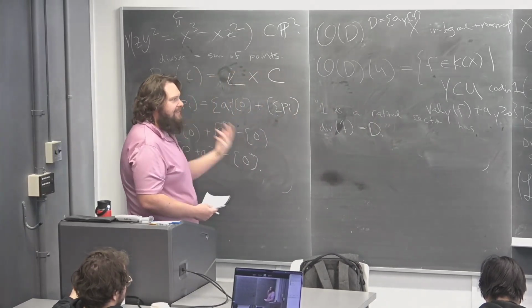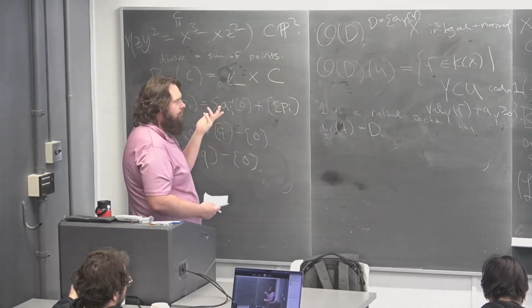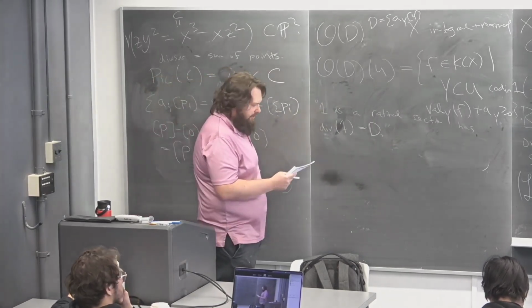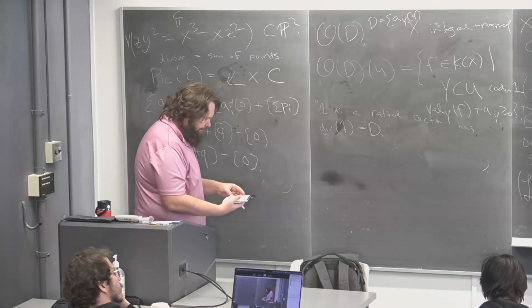But I can tell whether that guy times a rational function defines a nice section by just checking, does it have poles and zeros in the right places?